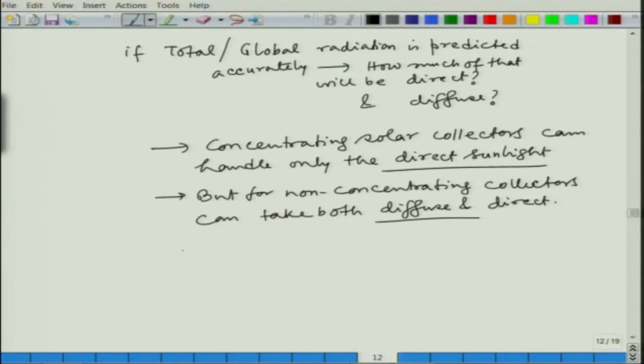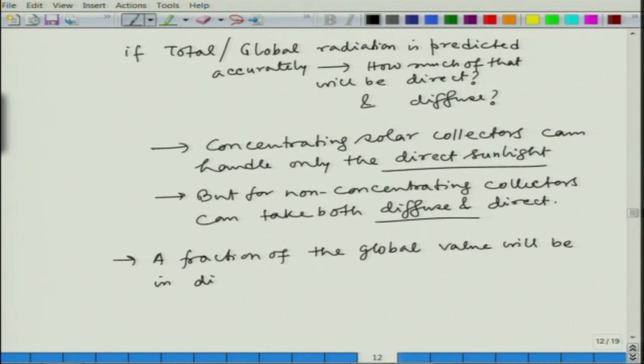Now, a fraction of the global value will be in diffuse form. So, what is that fraction?